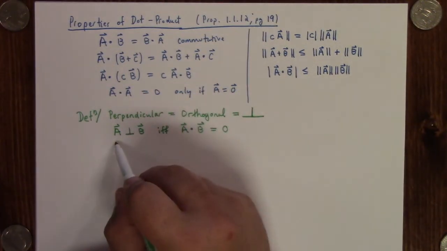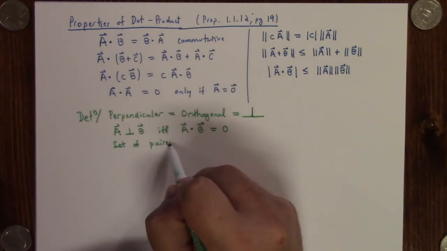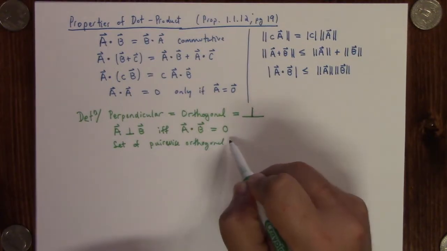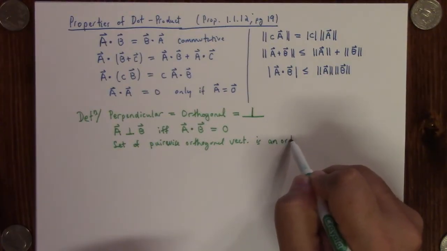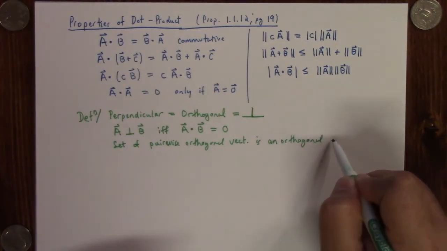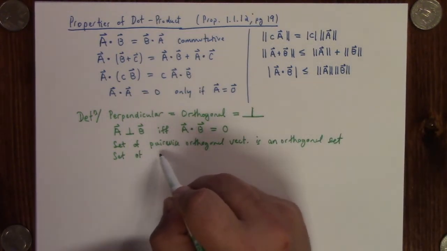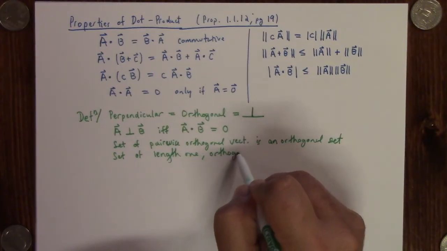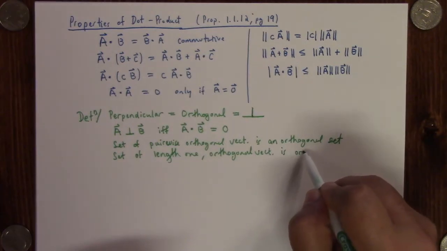And so if we have a set of pairwise orthogonal vectors, that is an orthogonal set. A set of length 1 orthogonal vectors is orthonormal.